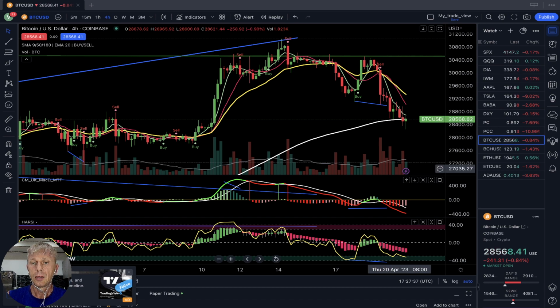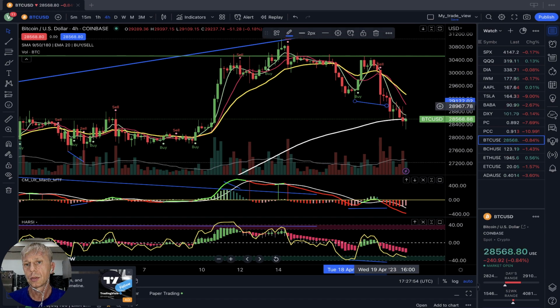MACD in the negative, bearish territory, bearish trend, also Fibonacci red, and RSI in the oversold territory. RSI is building bullish divergences. Let me show you, I showed you yesterday. Look at it, price action is downtrend, and on RSI we have bullish divergence.